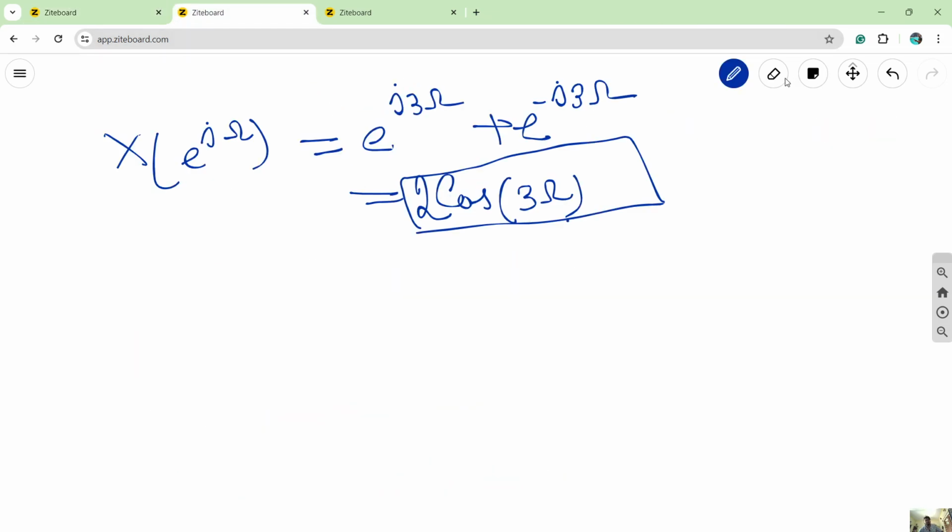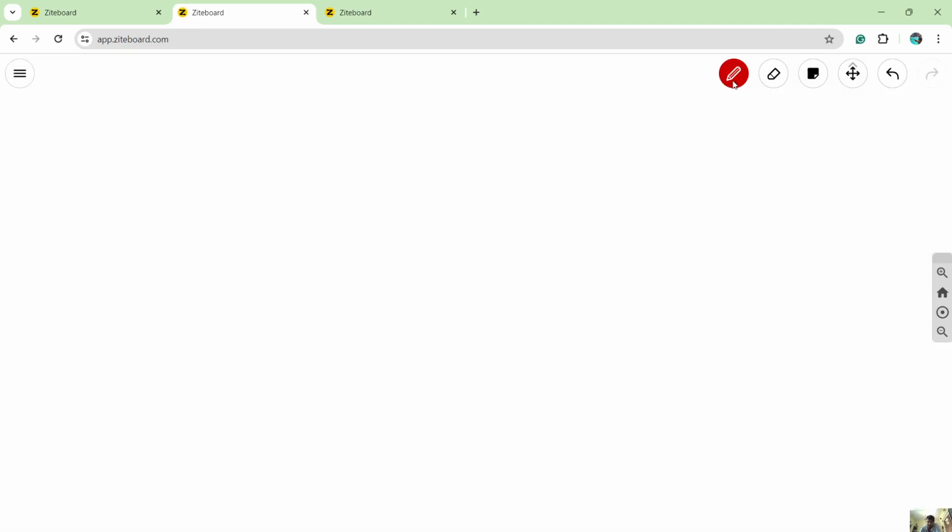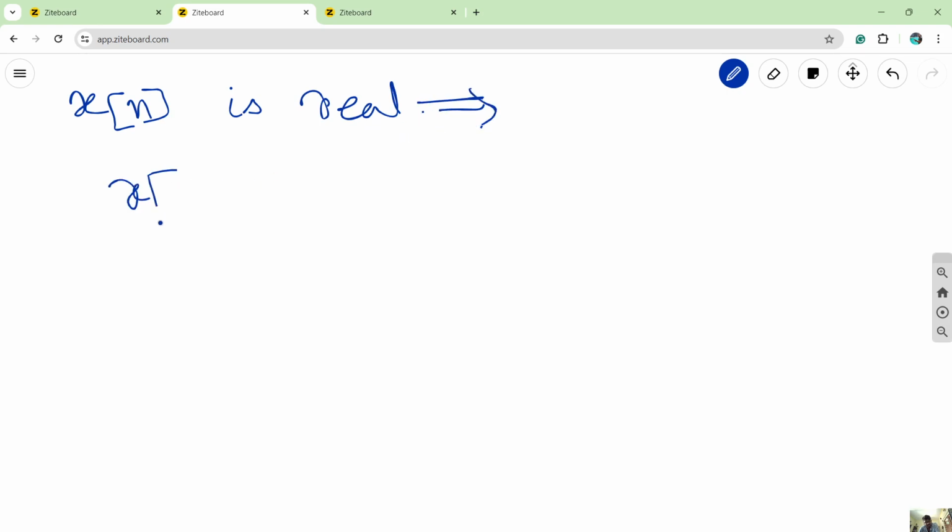So let's solve this. If x of n is real, then what happens? x of n star is equal to x of n.